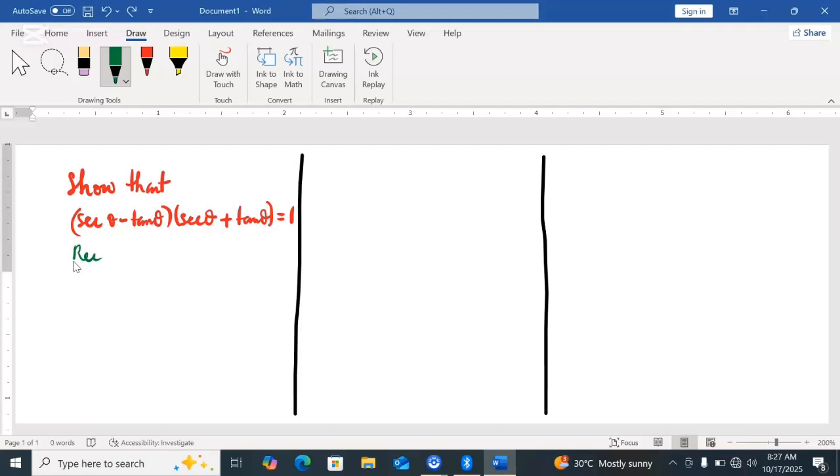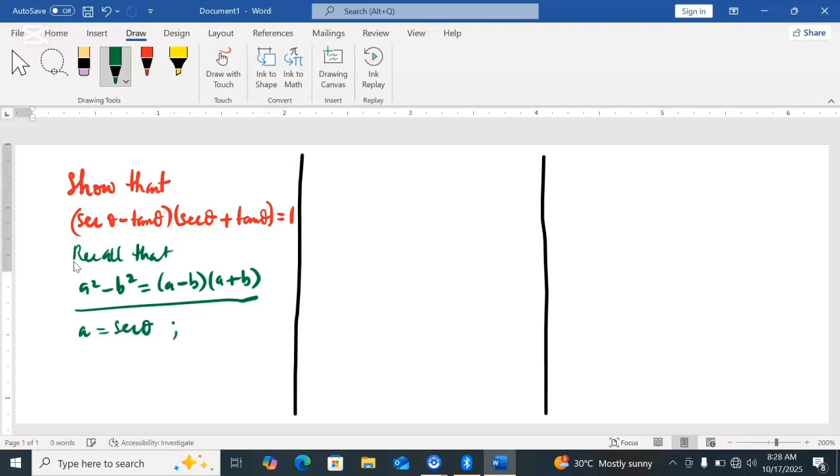So let's recall that a squared minus b squared can be expressed as (a minus b) multiplied by (a plus b). So this particular rule is called the difference of two squares. Now based on that, we are going to let a be equal to sec theta, and we are going to let b be equal to tan theta.